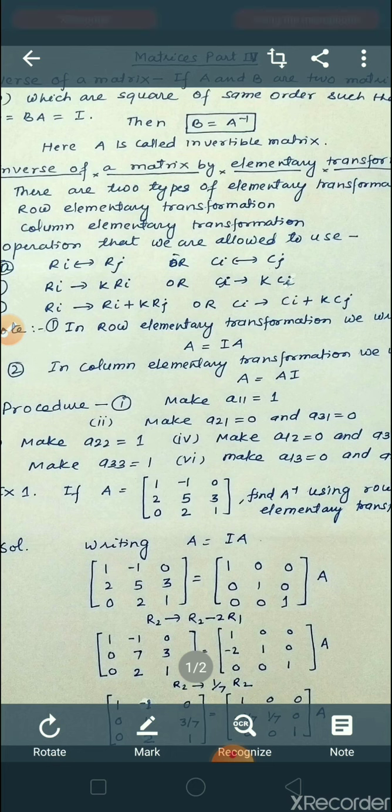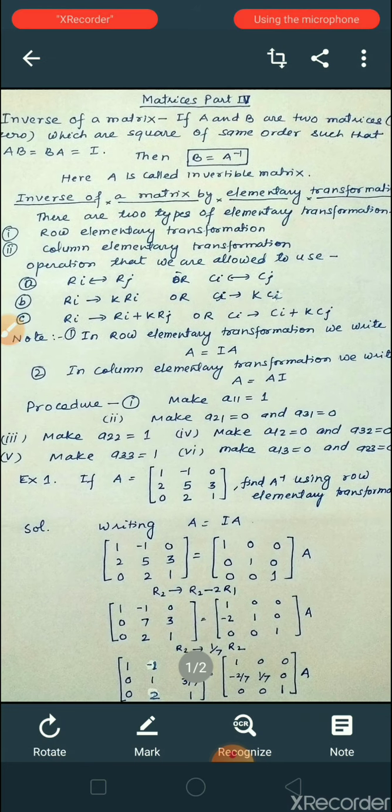Means you can use different steps to find the inverse, but the inverse of the matrix should be unique. Means you cannot get two inverses of a matrix. The inverse will always be unique.